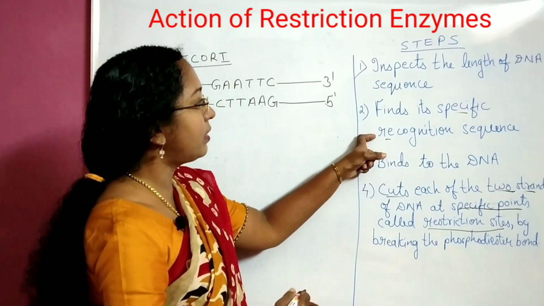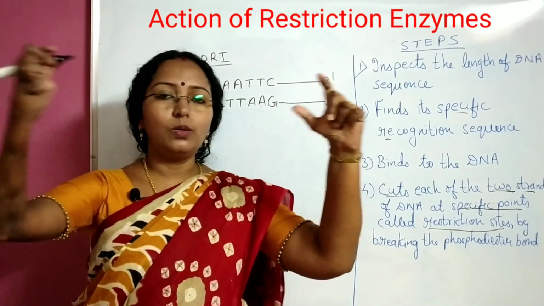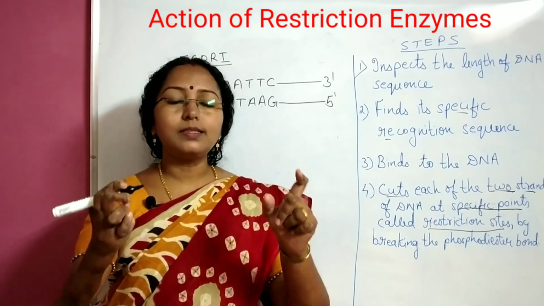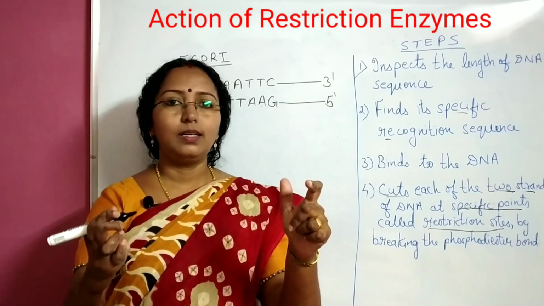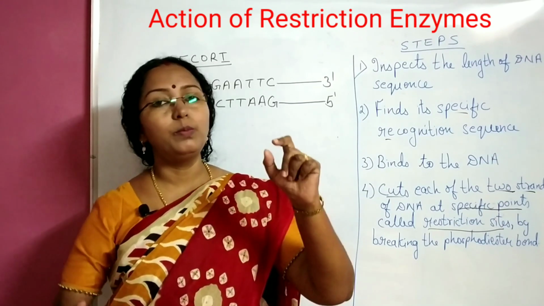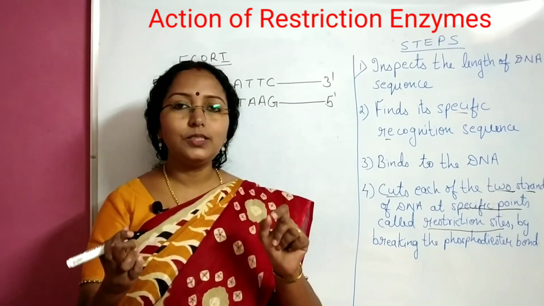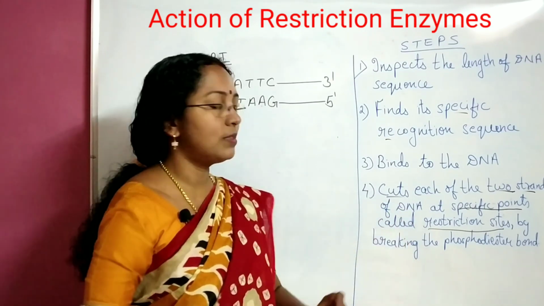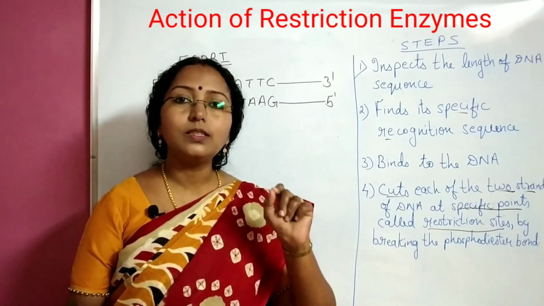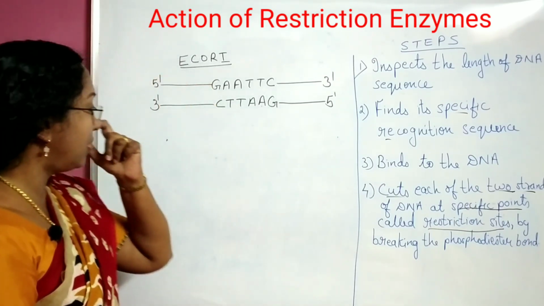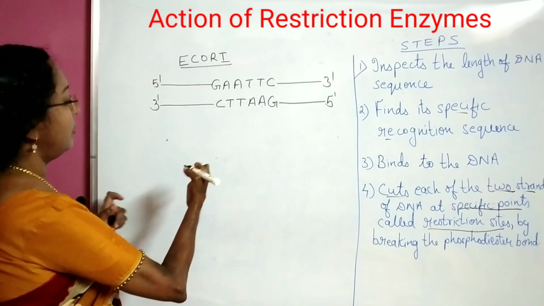So you have the recognition sequence, the whole sequence which it recognizes. Then in that sequence it makes a cut at specific points in both the strands of DNA. That region where it makes a specific cut is called the restriction site. Let me tell you what the area is here.